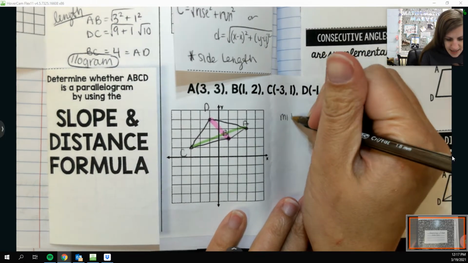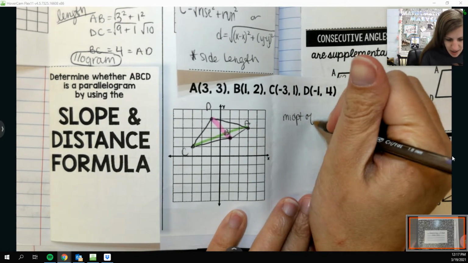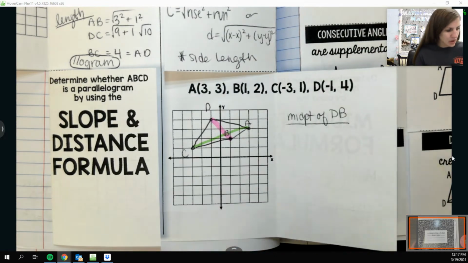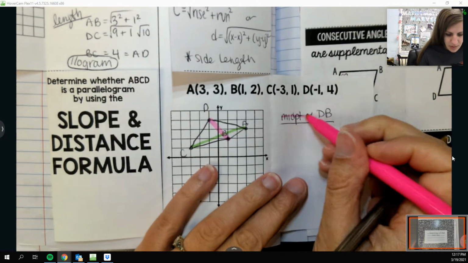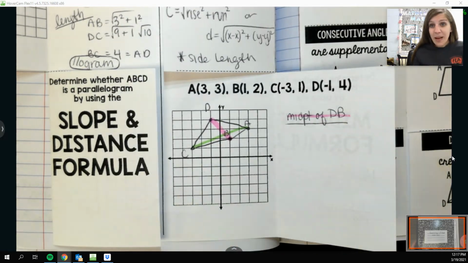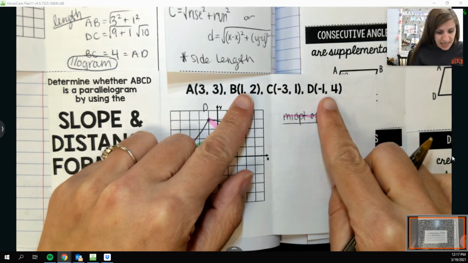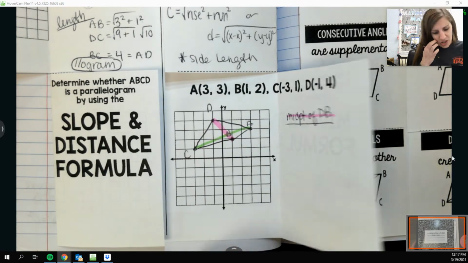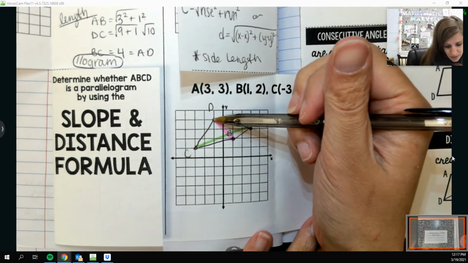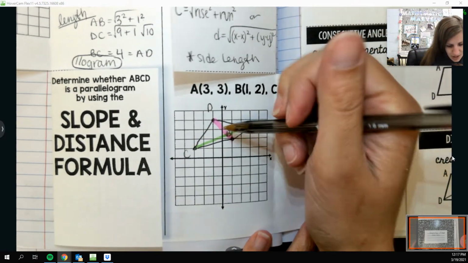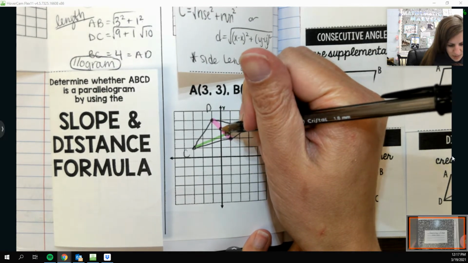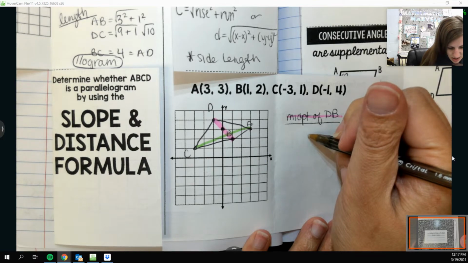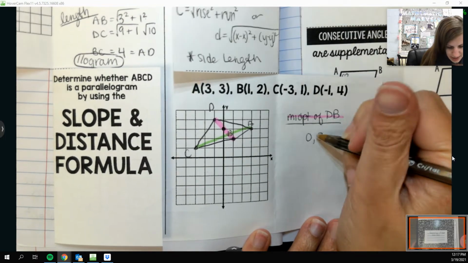So if I find the midpoint of DB, the pink diagonal, I can do my little formula and take points D and B, add them up and take half, or I can just count rise, run, and do halfway. So from D to B is down 2 over 2. So down 1 over 1 puts my midpoint right there, which is at 0, 3.